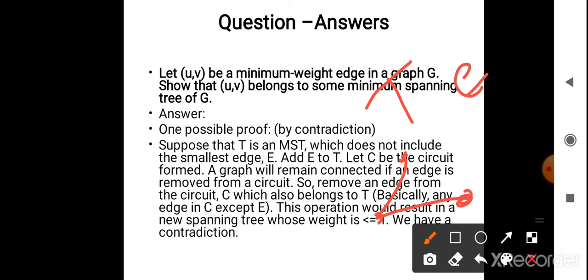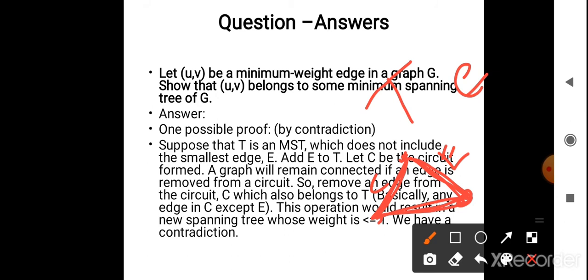Then we add this E to T. Then a circuit is formed here. This circuit is known as C. There is already an MST there. Then when we add the smallest edge to this tree, it creates a circuit. A graph will remain connected if an edge is removed from a circuit.